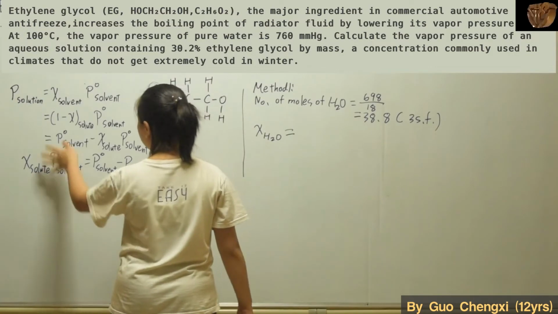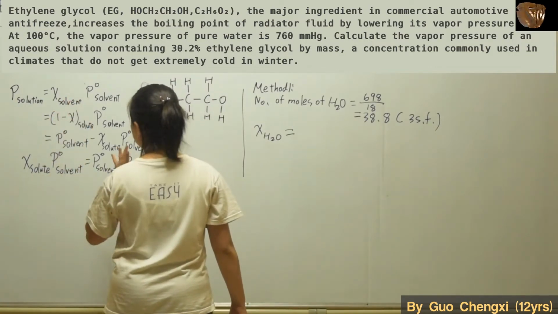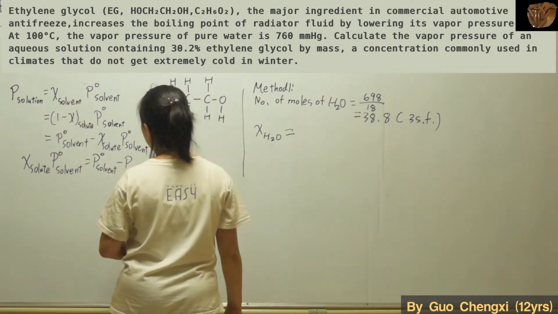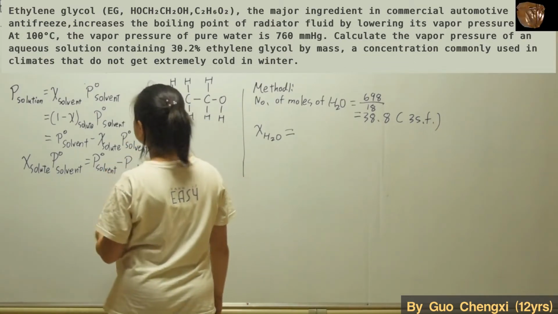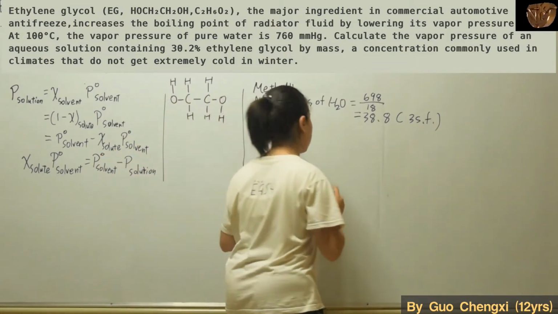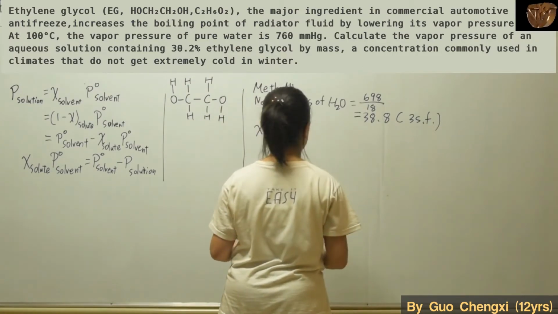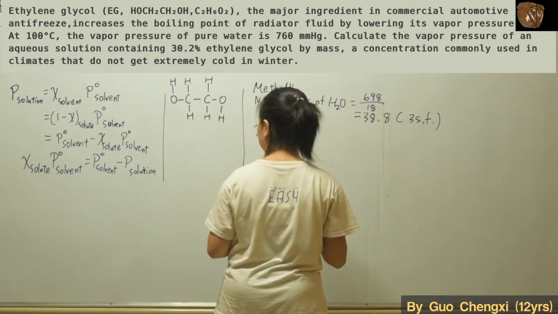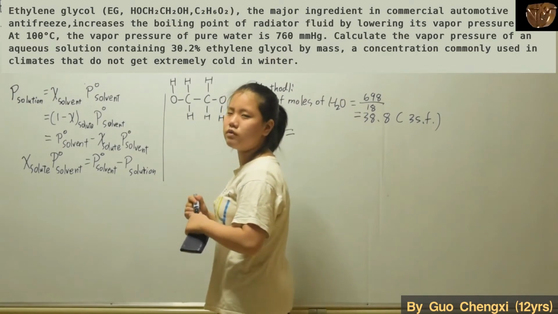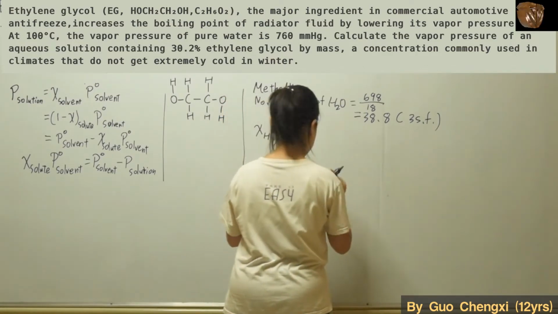No matter which way you deal with it, you still have to calculate the chi for the solvent or the solute. Either way, even for the solvent, even for the solute, you still have to find the chi.